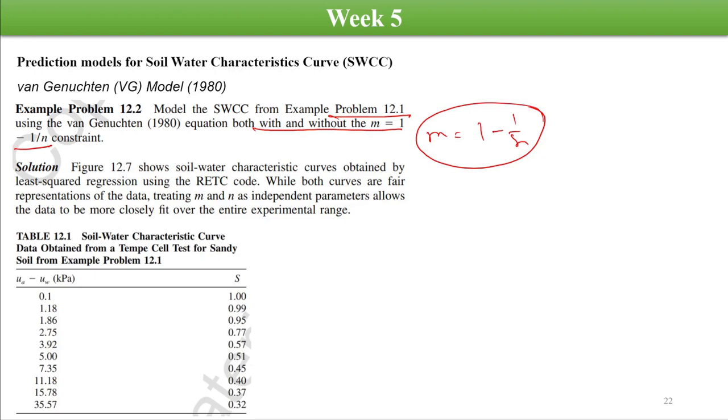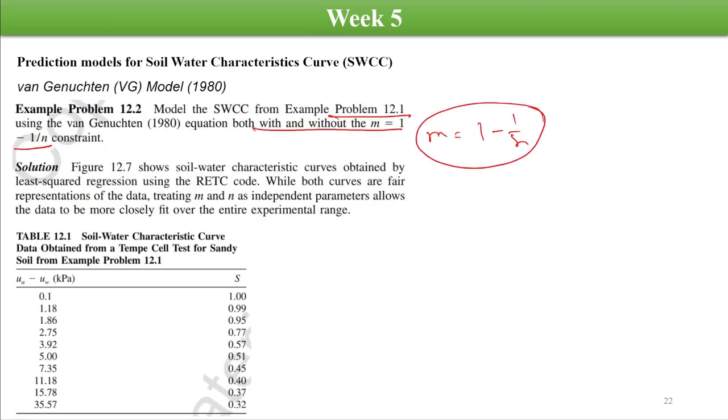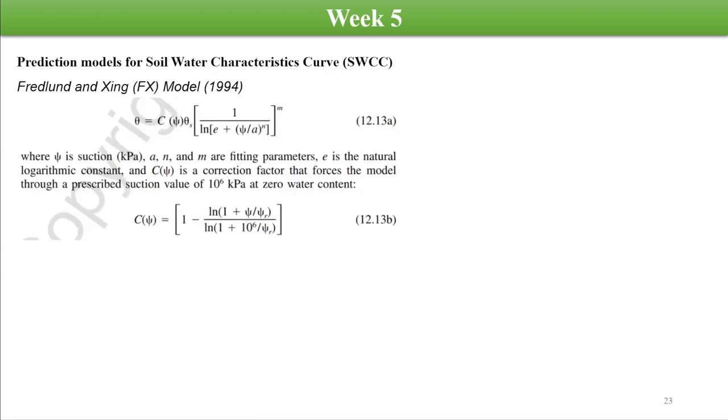Now there are other models also, such as the Fredlund and Xing model given in 1994. Okay, so the basic difference between the Van Genuchten and Brooks and Corey models and the Fredlund and Xing model, if you see here, is that in this model the volumetric moisture content is related to the exponential value, e to the power 1, and the value of the suction.